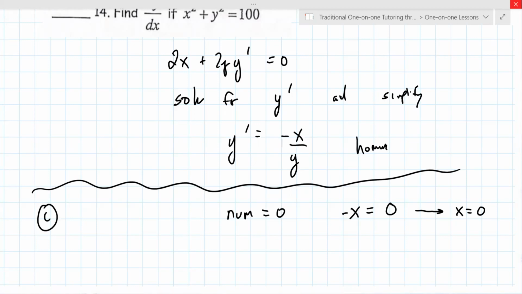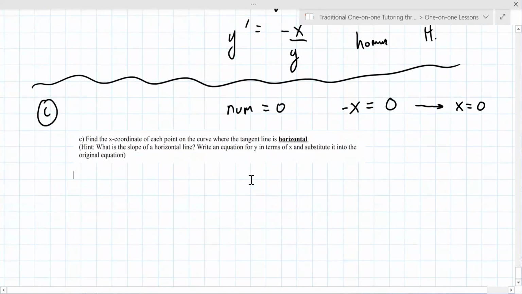Yes. But for the C, what was the question asking again? Let me snip it in here again. So you're trying to find the x coordinate where it's horizontal, but really it comes from what is the slope of a horizontal line?